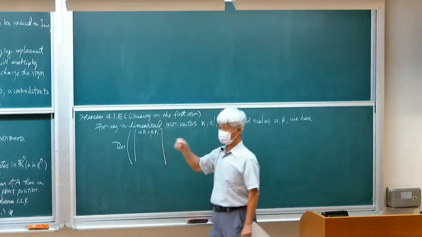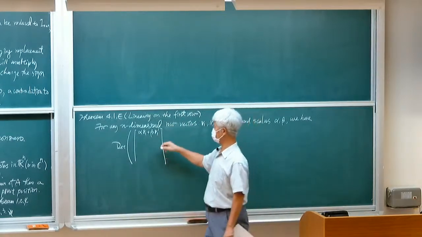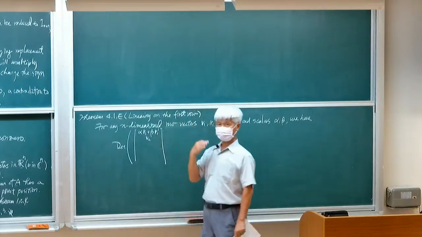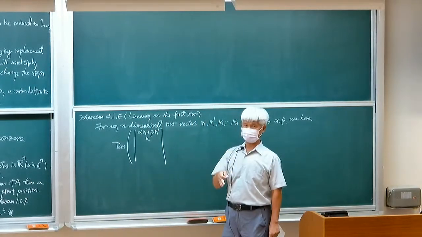All right, so the first row of the matrix is a linear combination of two row vectors, R1 and R1 prime.